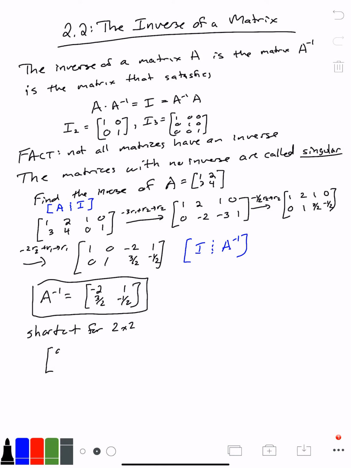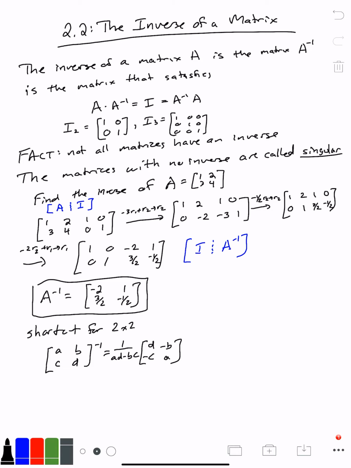And so if you have the matrix A, B, C, D, and you want to find the inverse, you are going to switch the diagonal elements. You're going to take the opposites of the off-diagonal elements, and then you're going to divide the whole thing by AD minus BC. Now some of you may recognize that AD minus BC is the determinant of the matrix.